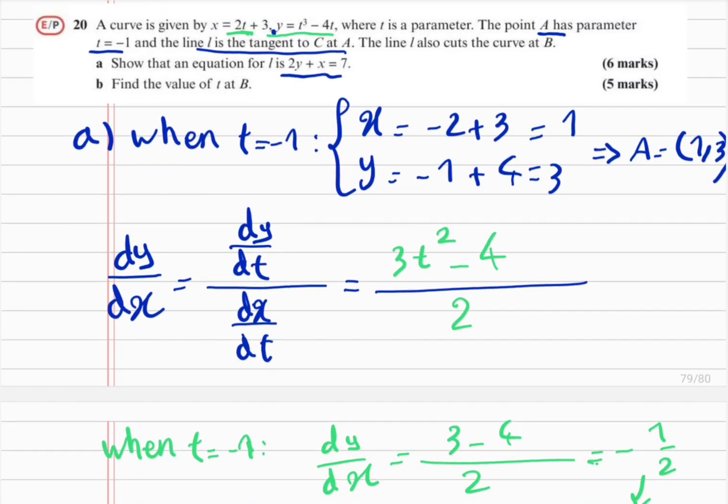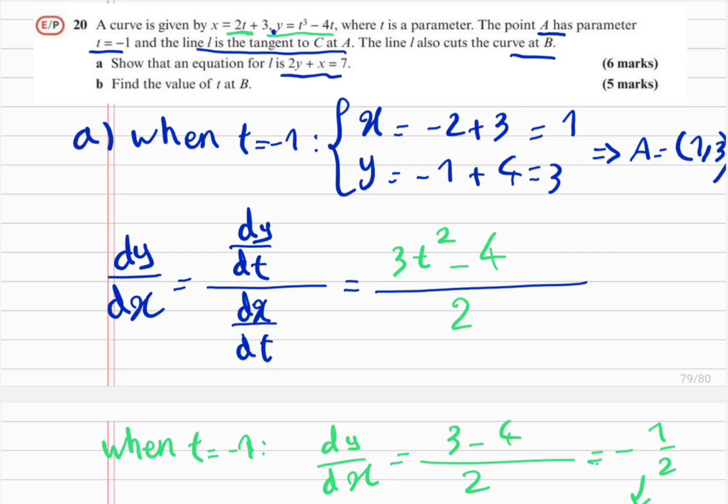Now part B is the interesting part of the question, because it says find the value of t at B. And just to remind you, the tangent line cuts the curve at points A and B, and basically this question is about finding the value of t at point B. So this is kind of the opposite of the previous part, because in previous parts we had the value of t and we found the coordinates of A, but this time we don't even have the coordinates of B to begin with.